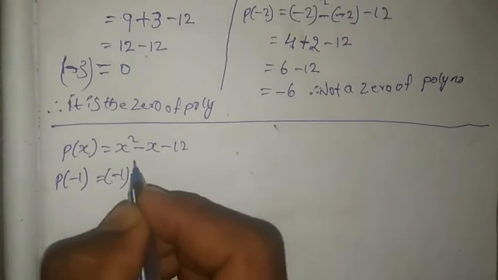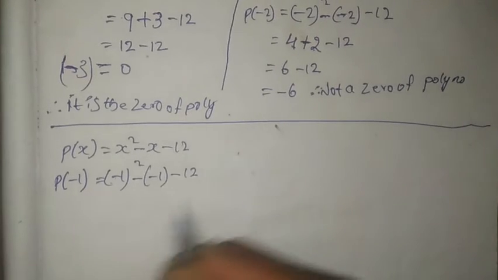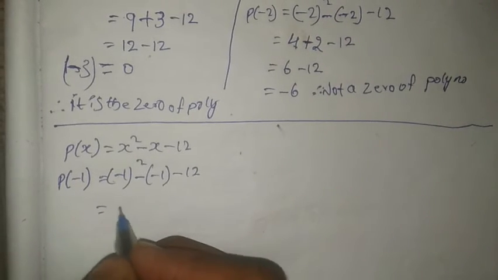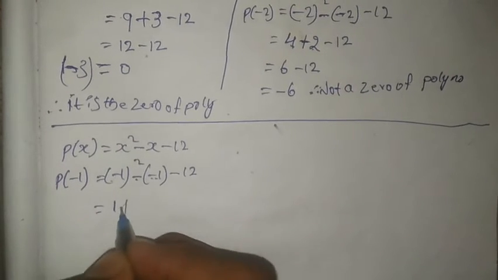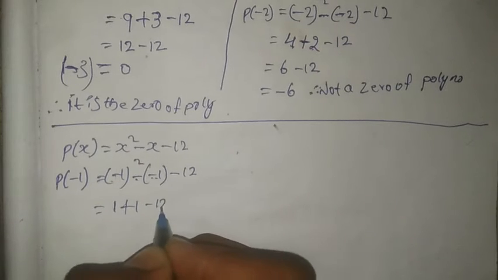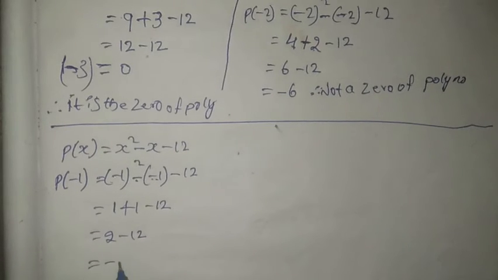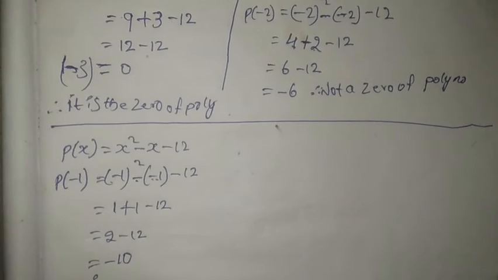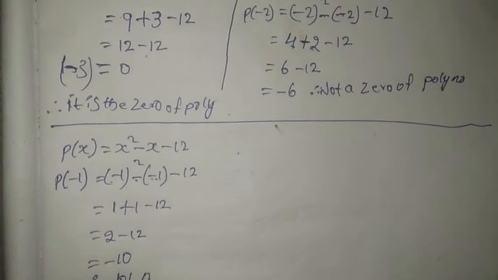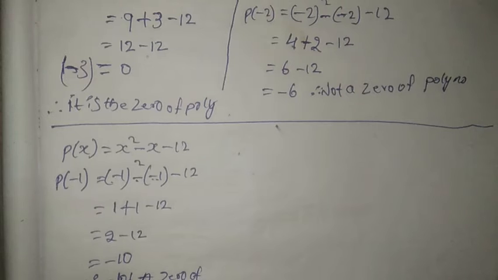So minus 1 whole square minus minus 1 minus 12. So minus 1 whole square is 1, plus 1, and minus into minus is plus, so 1, and minus 12. So that is 2 minus 12, that is minus 10. So therefore it is not a zero of the polynomial.